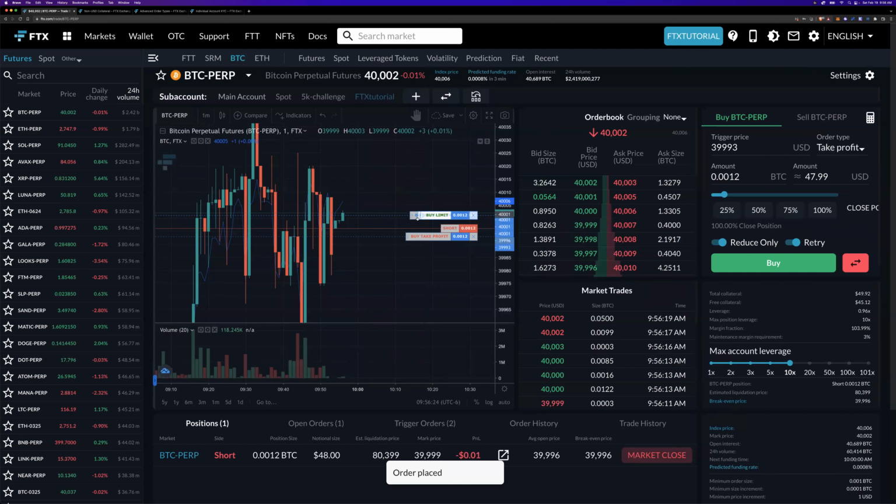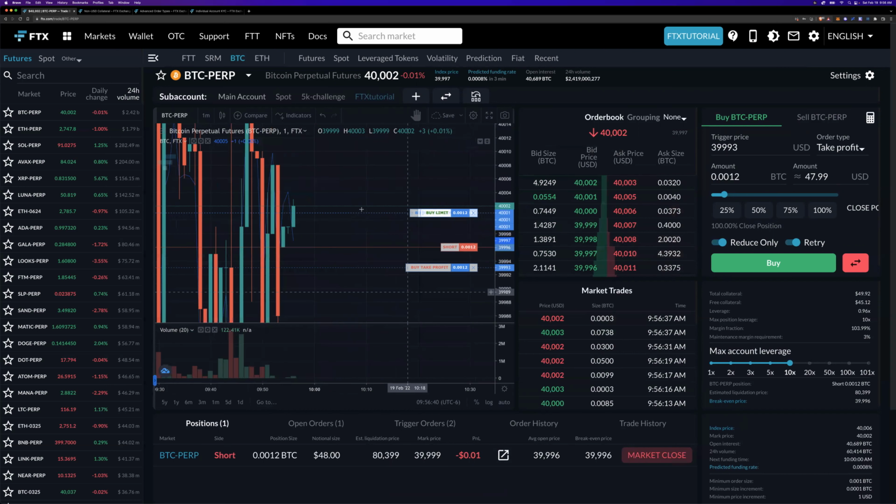Now, once again, here's a perfect example of that stop limit order that we placed. I'm still in my position because price is now trading at 40,002. There's my order. You see that green right there? That green means my order is still there. I'm not able to get out of the market, but my limit order is placed. So until price returns back to that area, I'm not out of this trade.